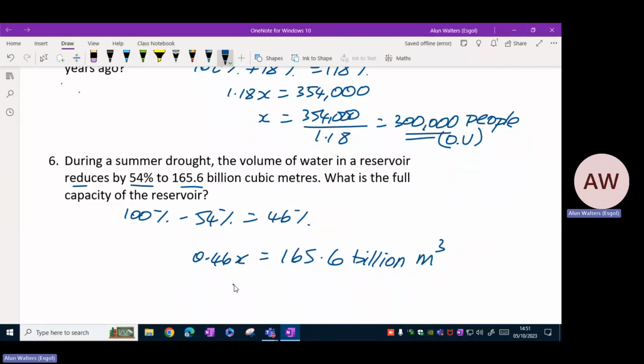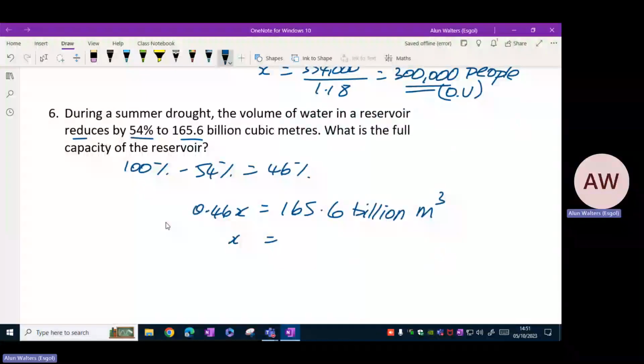Okay, so the reservoir has reduced from 165.6 billion meters cubed.